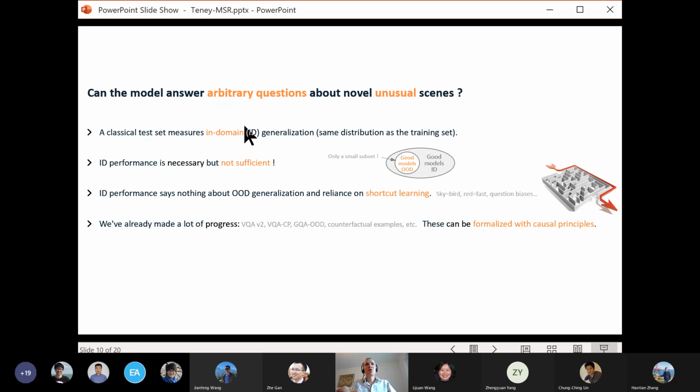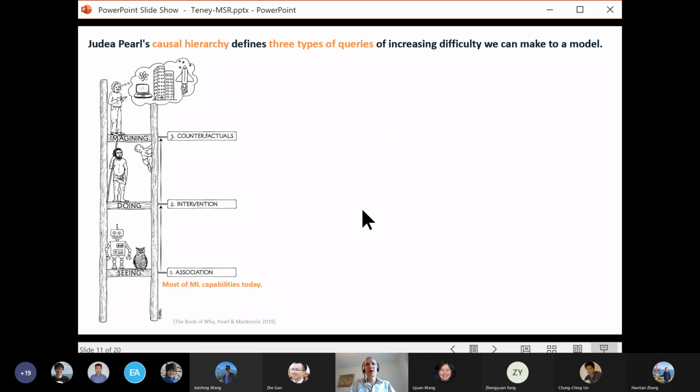So a useful framework to think about this is called the causal hierarchy, introduced by Judea Pearl. This hierarchy defines 3 types of queries that one can make to a model. These 3 types of queries are increasing in difficulty. The first level is the association at the bottom here.